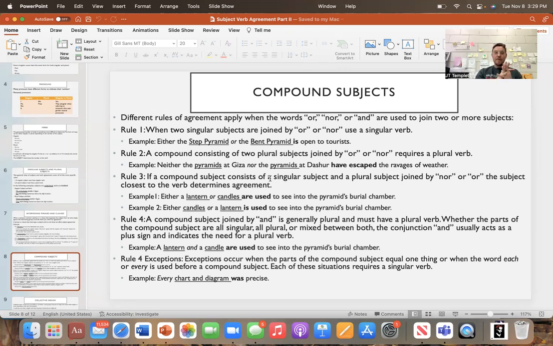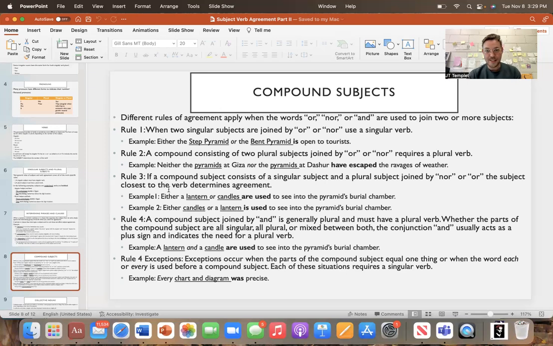Rule 3. If a compound subject consists of a singular subject and a plural subject joined by nor or or, the subject closest to the verb determines agreement. So if we have two subjects, one of them is singular and one of them is plural, you decide the singularity or plurality of the verb based on which one is closer.